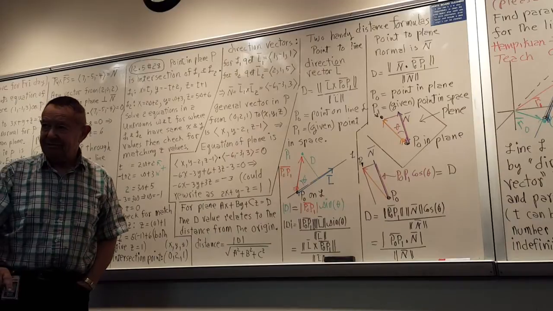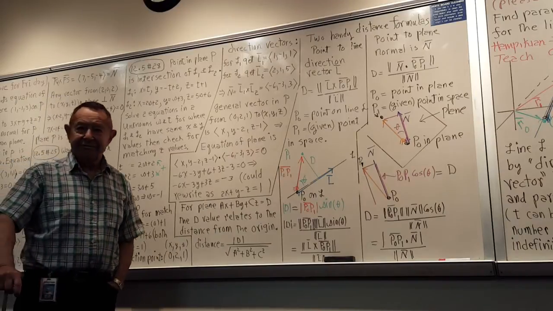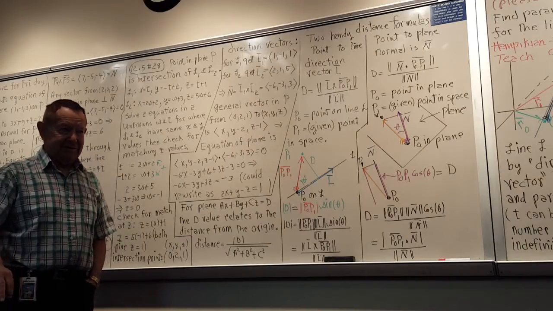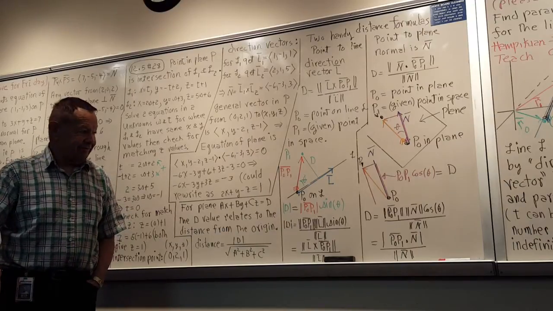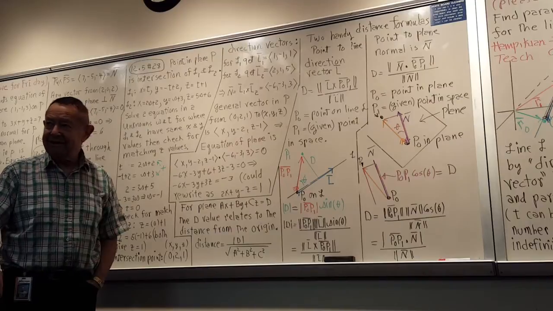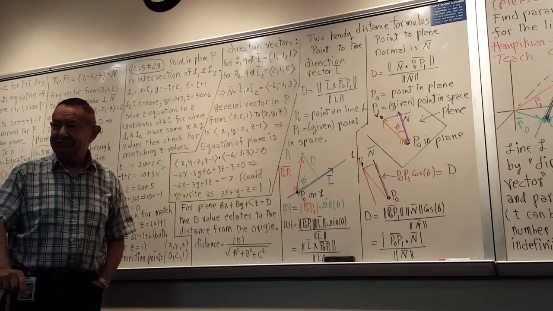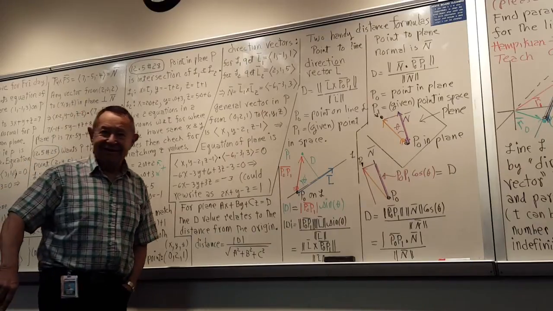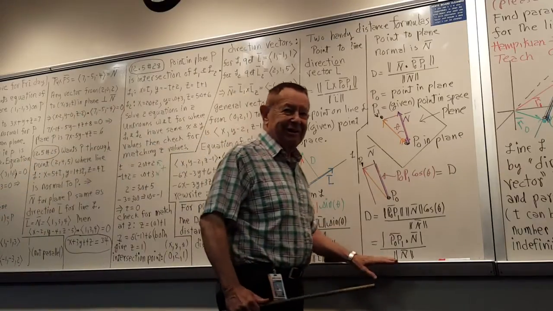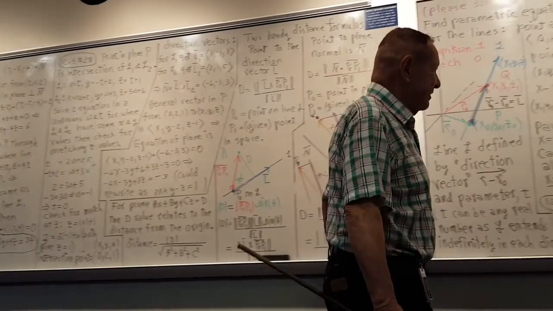Take the absolute value. On the test, if you give me a negative number for a distance from a point to a plane, I'll take a point off, because you should know that distance isn't negative, as long as you're using Euclidean geometry anyway.